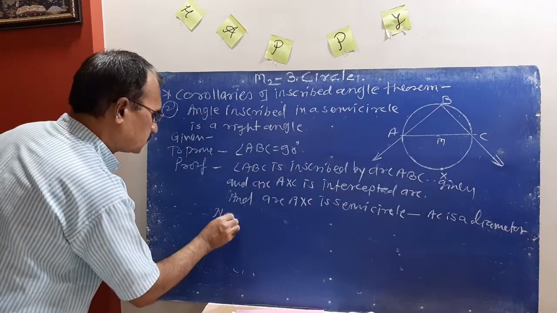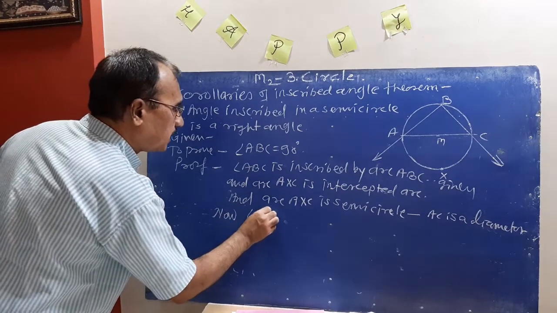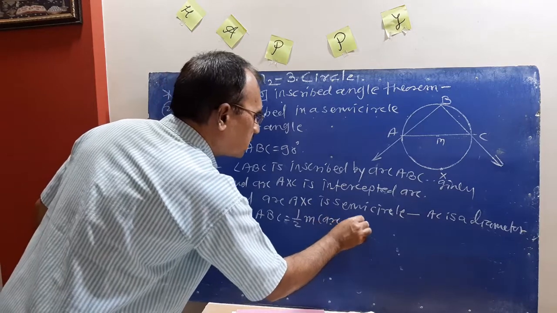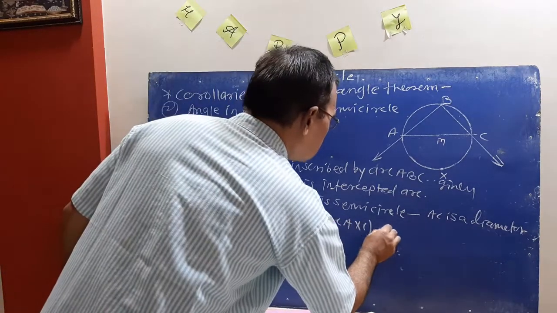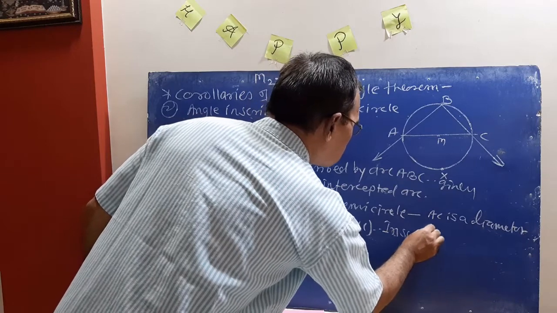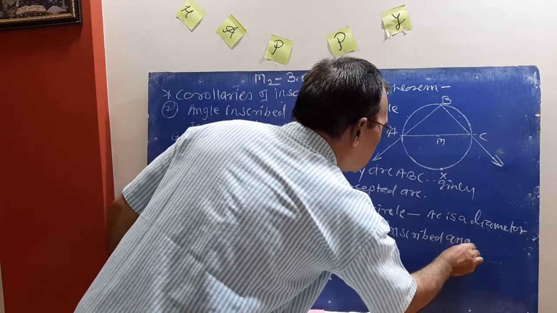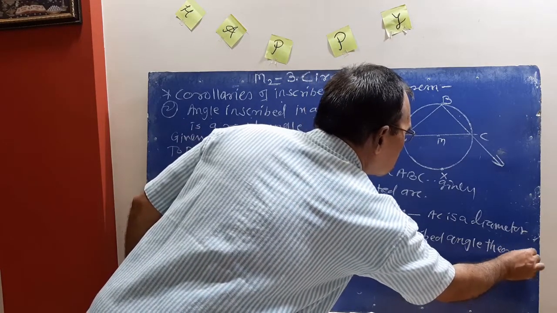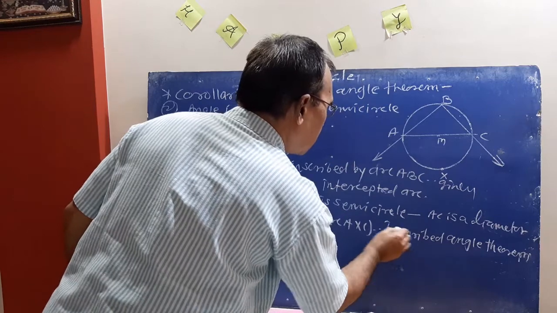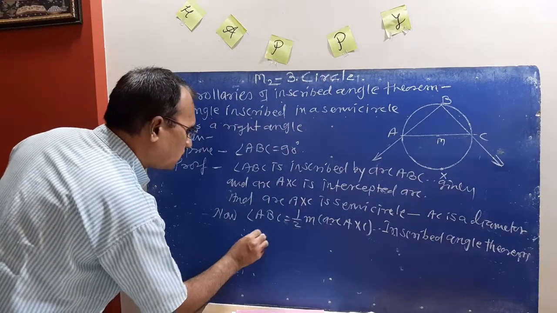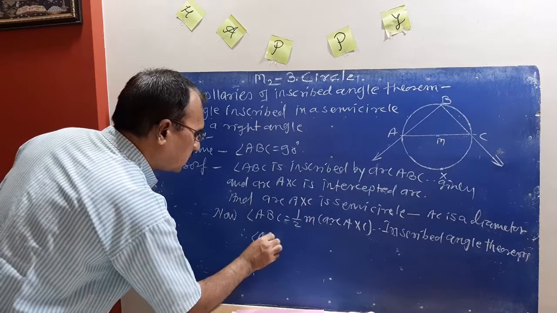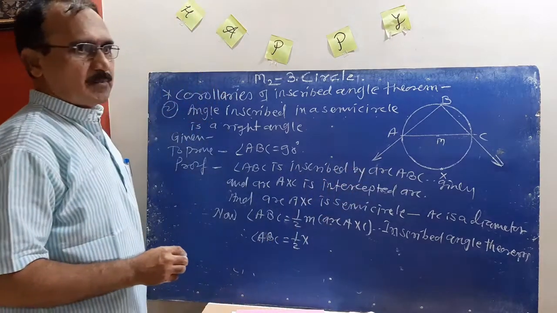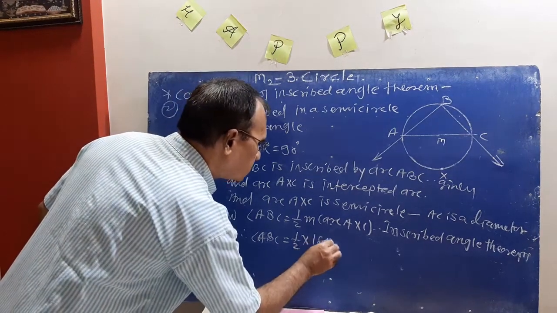Now, angle ABC is equal to 1/2 measure of arc AXC by the inscribed angle theorem. Therefore angle ABC is equal to 1/2 times 180, because the measure of a semicircle is 180.